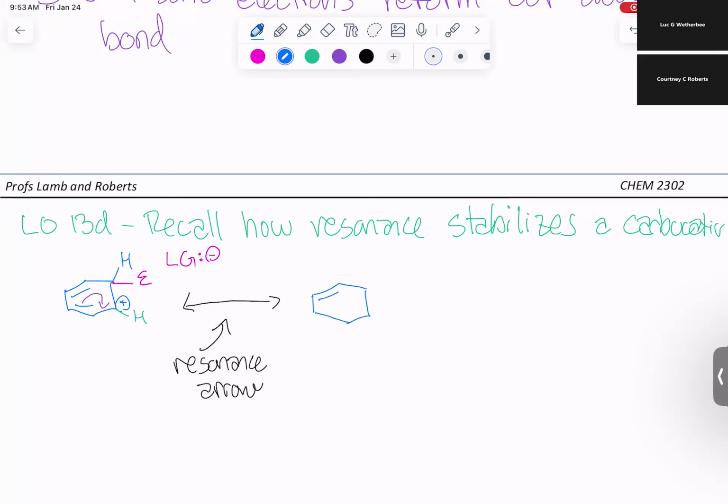This is an allowed move in organic chemistry. And so what that does is it leaves the carbocation on this different carbon. So basically it's sharing the load of this really unfavorable species, putting it on one carbon, moving it over so they can share that load. We can do this even more.